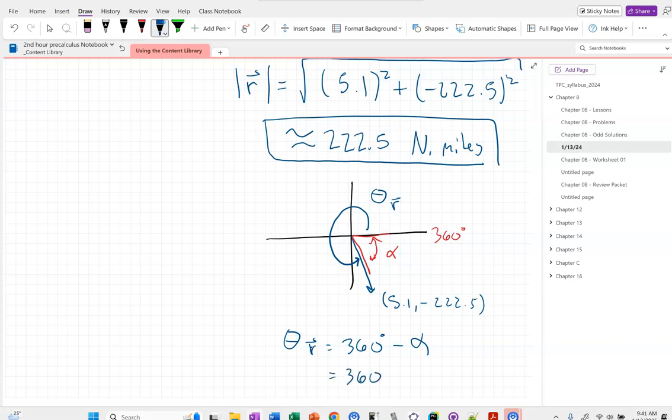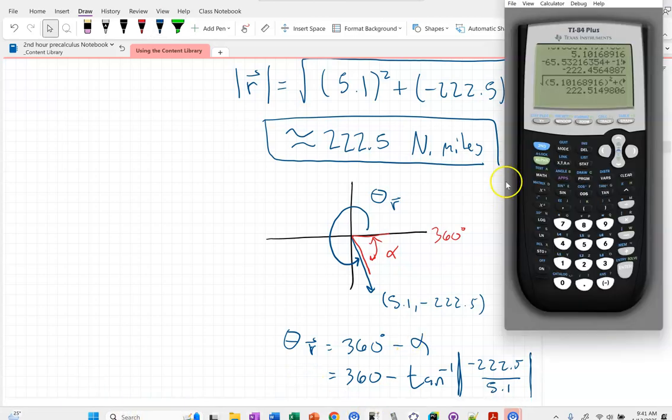And we always find that alpha the same way. Tan inverse absolute value of y over x. And because I'm going to steal the values here, I guess I will do the absolute value on my calculator.